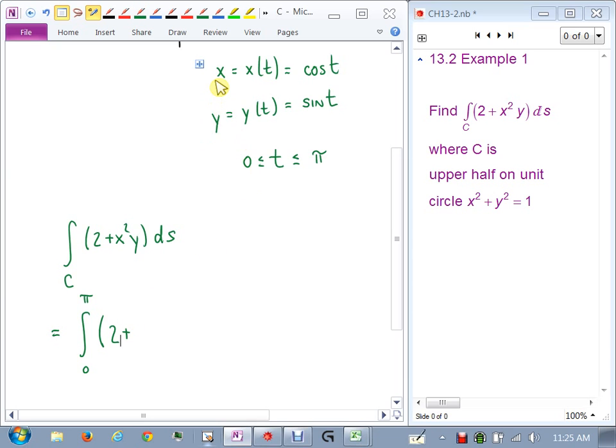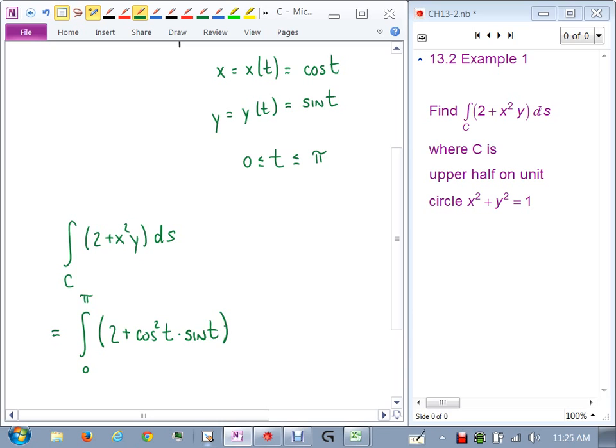Well, I have to replace x with what? Cosine t. So this is going to be cosine squared t, then times y, but y for me is sine t. All right, do you see that that is the original function f of x, y, substituting our parametric representations of x and y in? And then I need ds.